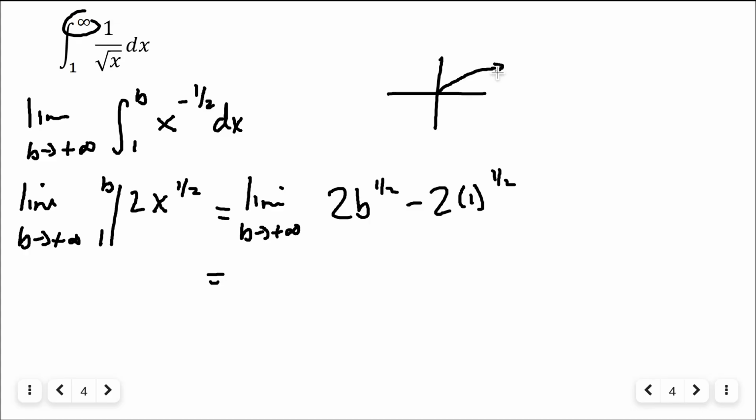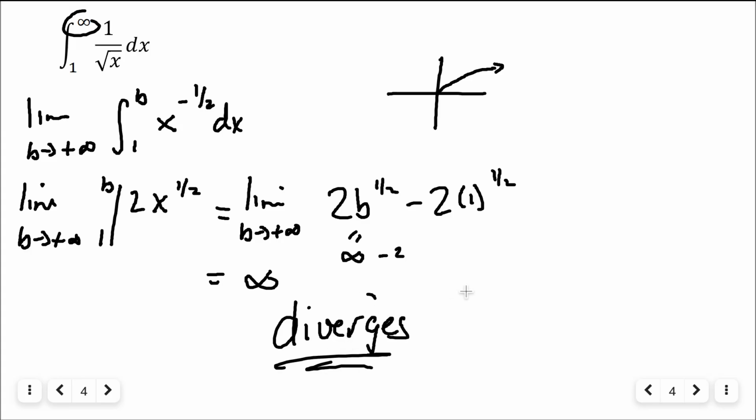So it goes real slow, but it does eventually get to infinity. So this term is infinite, and then this is 2. So the value of this is infinity, right? So the value is infinite. So we say this integral diverges or is divergent. Okay?